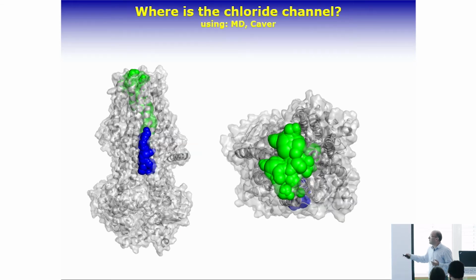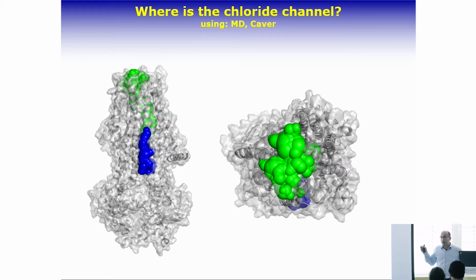What does it mean? We performed similarly 6 simulations. We could observe opening of a chloride pathway in all of the simulations. And the extracellular opening was all the time really in the extracellular space.